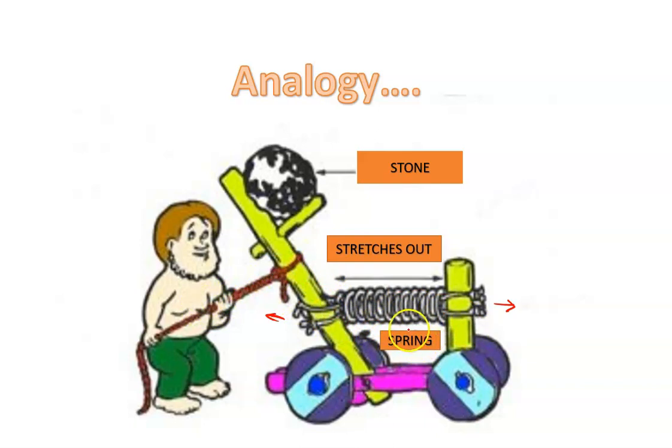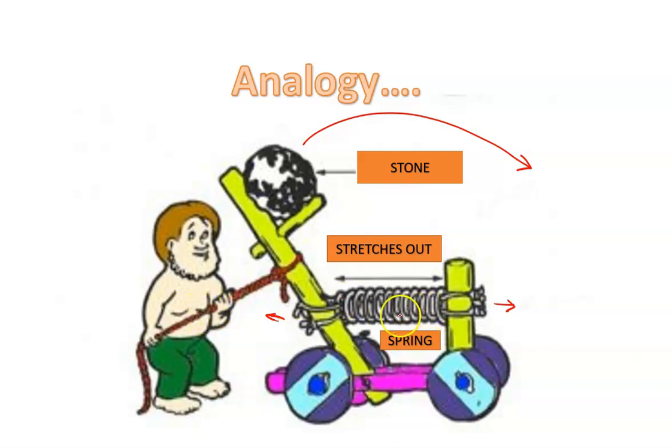We are giving energy to this spring and this energy is stored in the spring. After that, when we release it, the spring will collapse back to the original state due to the elasticity. It causes the stone to eject out. This stone is thrown out. So in this way we provide energy.